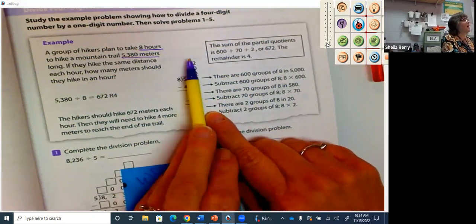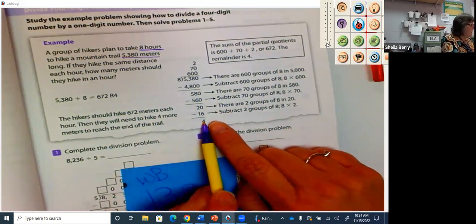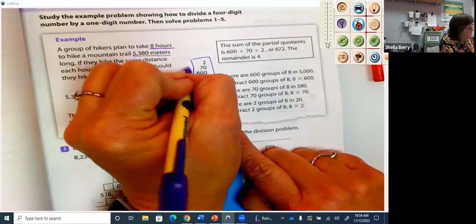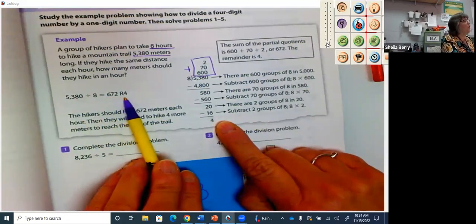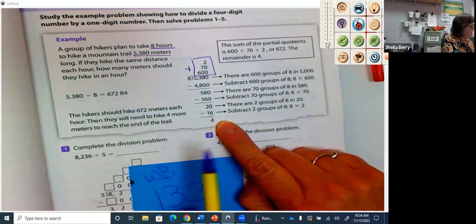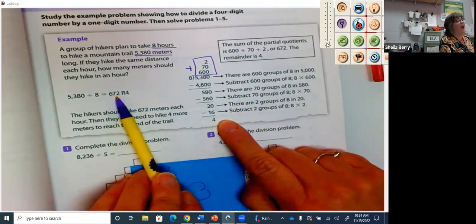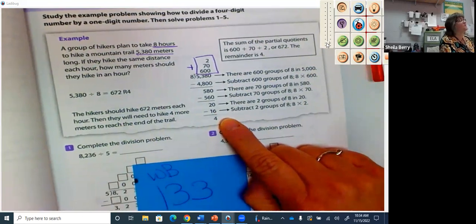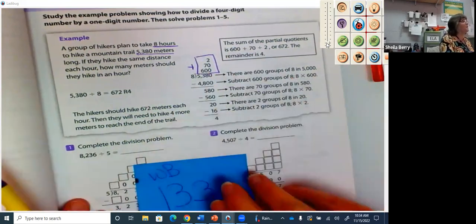And then 8 times 2 is 16. And that leaves 4. So your answer would be, if you add all of this up, 672 with 4 remaining. So the hikers need to do at least 672 meters an hour in order to get up that mountain. So what they did was they used the stacking method like we did, and that's what we're going to be looking at down here.